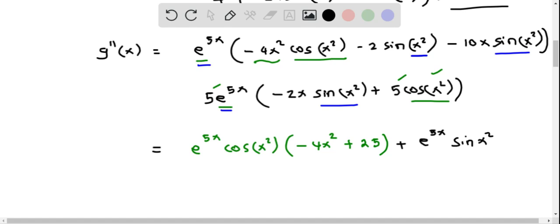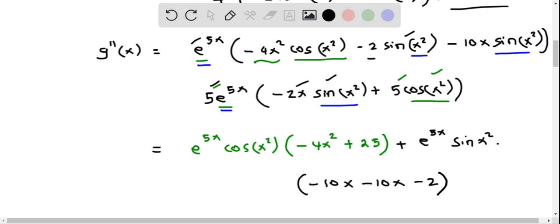And so we will get, I write down this below. This one is e power 5x times negative 10x. When I factor e power 5x sine x squared from this expression, I have 5 times negative 2x is negative 10x. And when I factor e power 5x and sine x squared from this term, here I have negative 2. So I write negative 2.